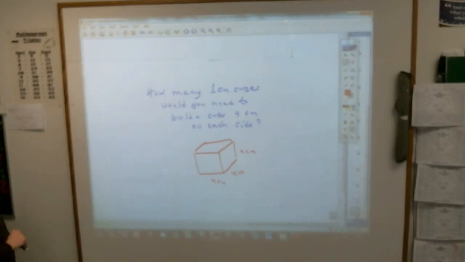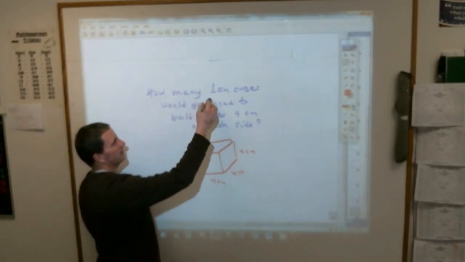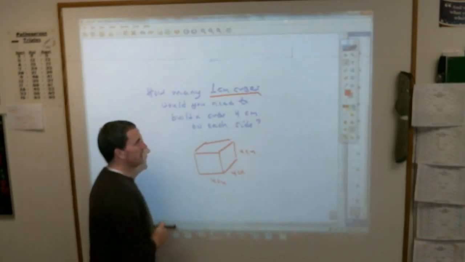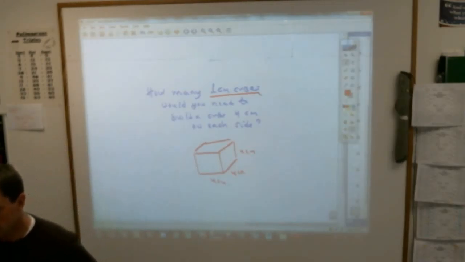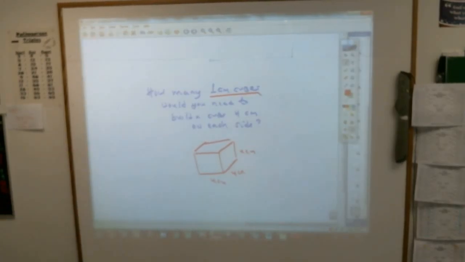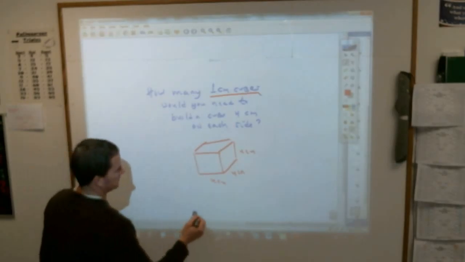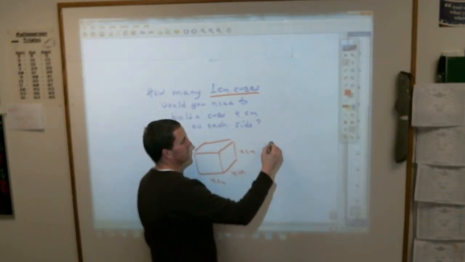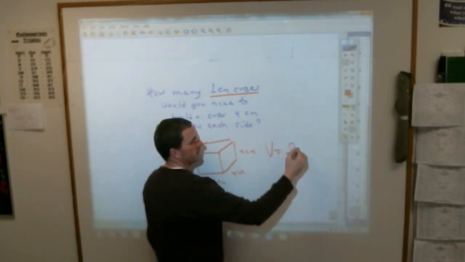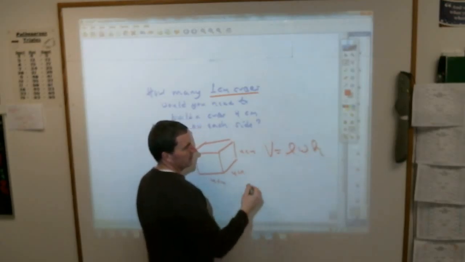And how would you find the volume? That's what we're asking. How many 1 centimeter cubes would it take? I could actually do that. No, I can't. That's not enough. The next thing you do is write down your volume formula. You can abbreviate length times width times height.